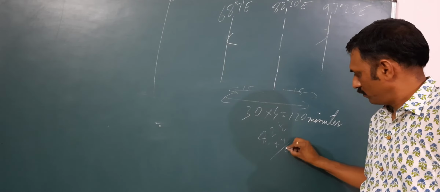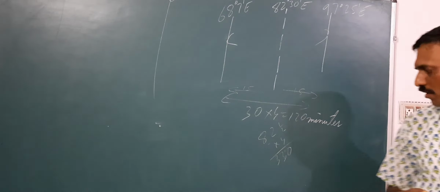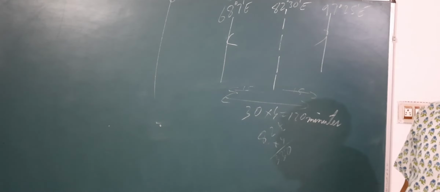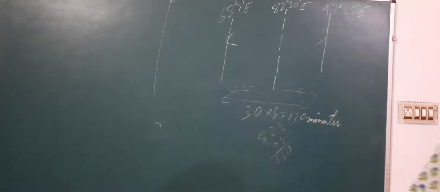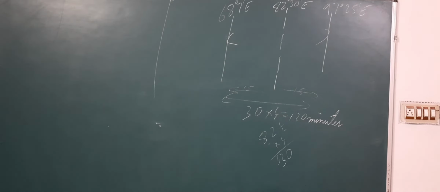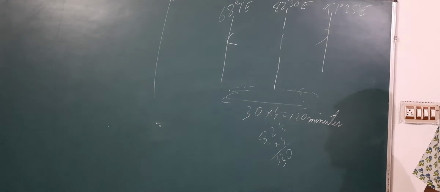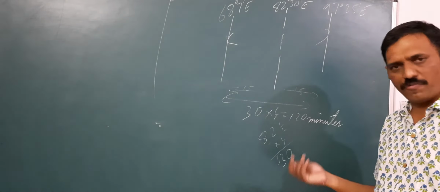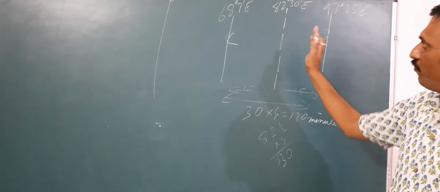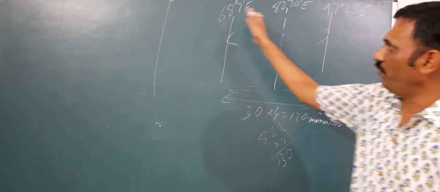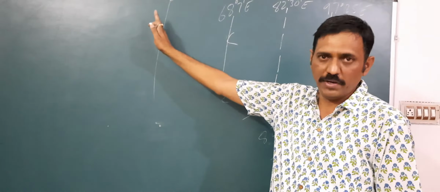So it is 330 minutes difference between Greenwich and India. So from the prime meridian we have a difference of 330 minutes, that is 5.5 hours. So we are 5.5 hours ahead of Greenwich Mean Time.